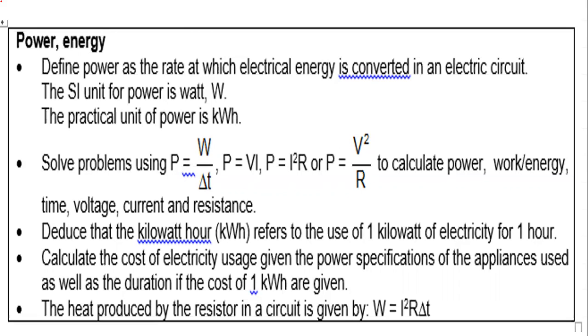And those equations are: power is equal to W divided by delta T, or we can use another equation, which is P is equal to VI, or we can use P is equal to I squared multiplied by R, or P is equal to V squared divided by R. And again, my dear learners, remember here, I'm really just trying to sum up the topic for you.